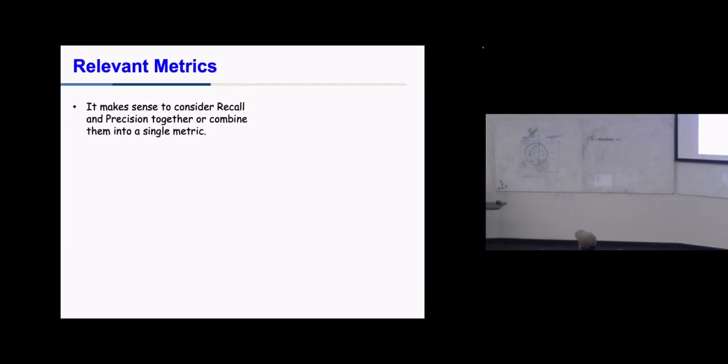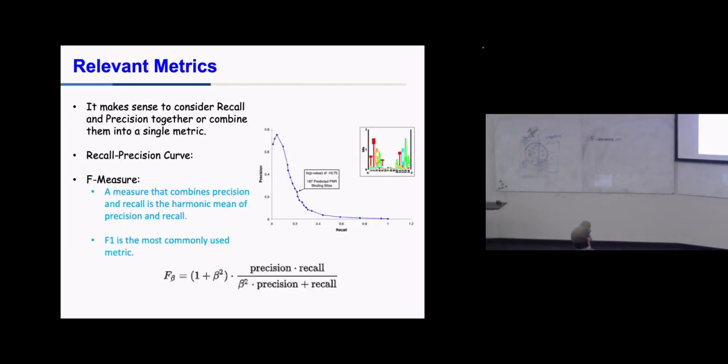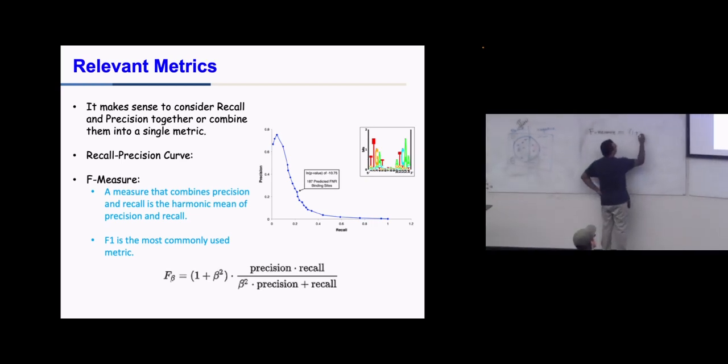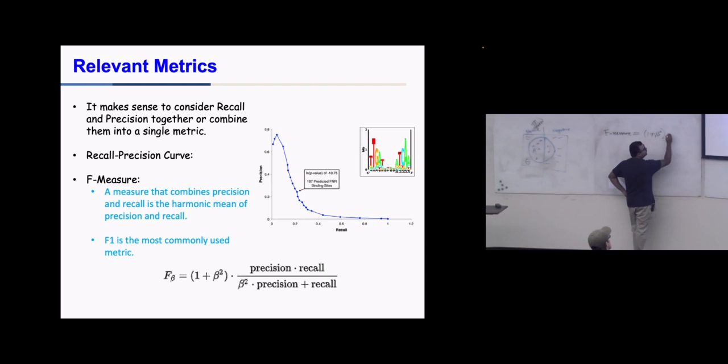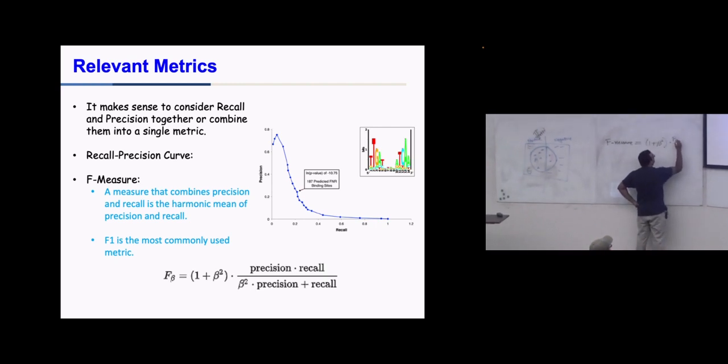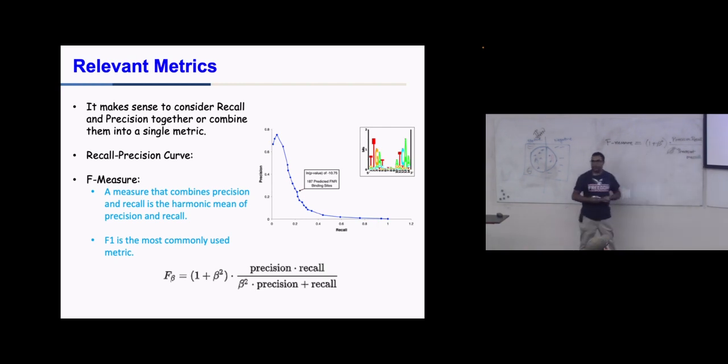And the formula looks something like this. 1 plus beta square times precision times recall, divided by beta square times precision plus recall. Okay?